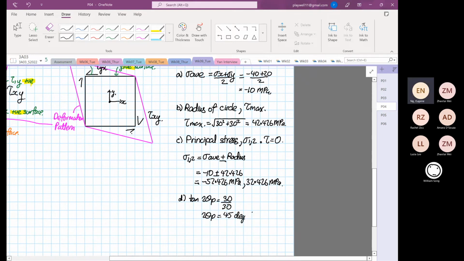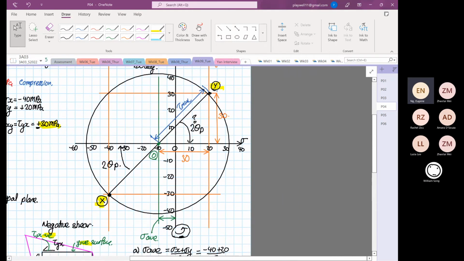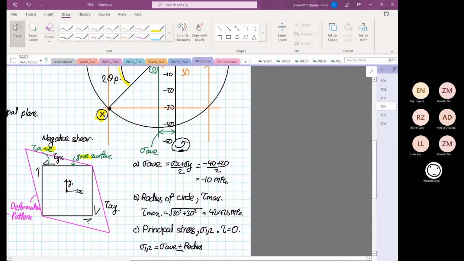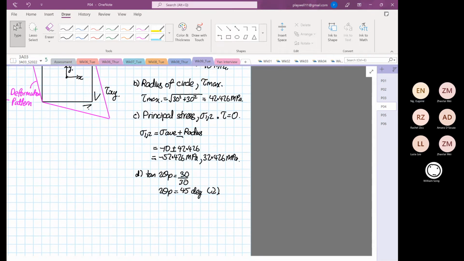Okay, and it is in a clockwise direction. Okay, why clockwise direction is from point Y, right? Point Y to here, right, is clockwise. It can be from point X, is also what? In a clockwise direction. So theta P is equal to 22.5 degrees, okay, clockwise.